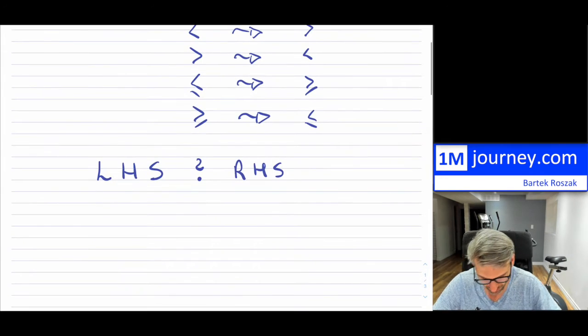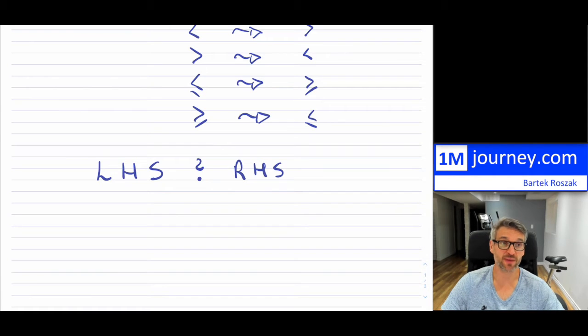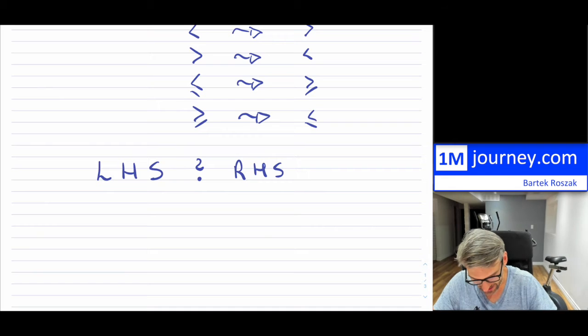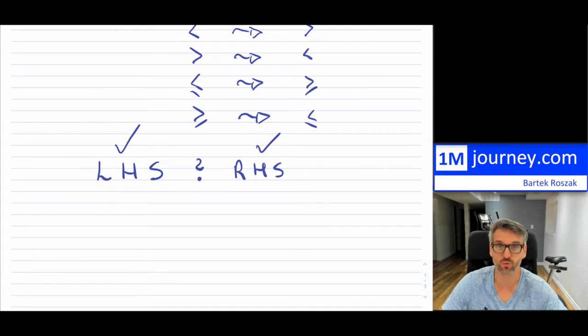It can be anything, but I'm going to make the assumption in this particular video that either the left-hand side or the right-hand side, at least one of them or both, is a nonlinear expression, okay? And again, that comes down to being comfortable in distinguishing between nonlinear and linear expressions.